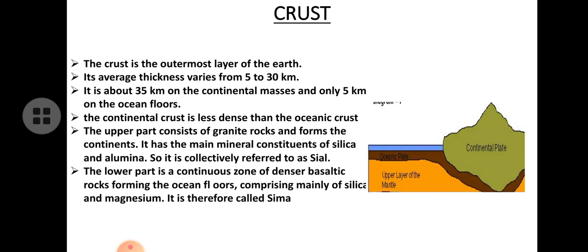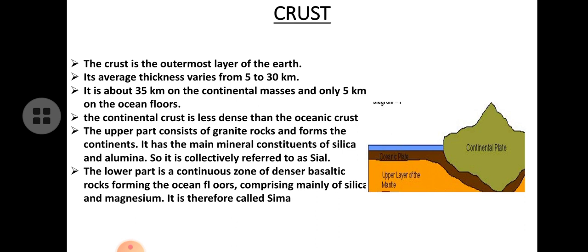So what is the thickness of our crust? The thickness of our crust varies from 5 kilometers to 30 kilometers deep. For example, when you move into the mountains, the thickness will be very high, around 20, 25, 30 kilometers.